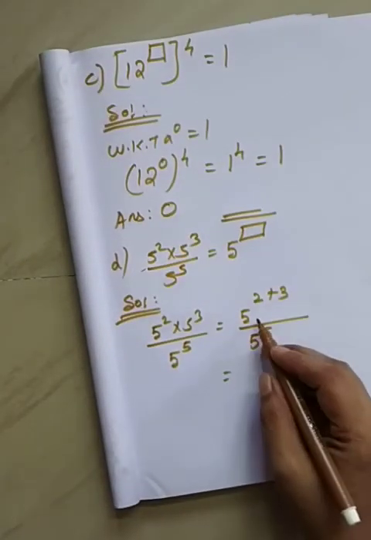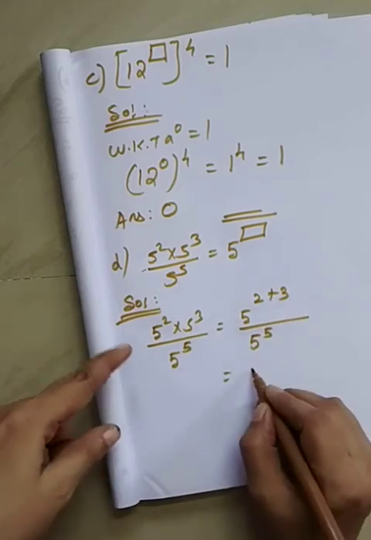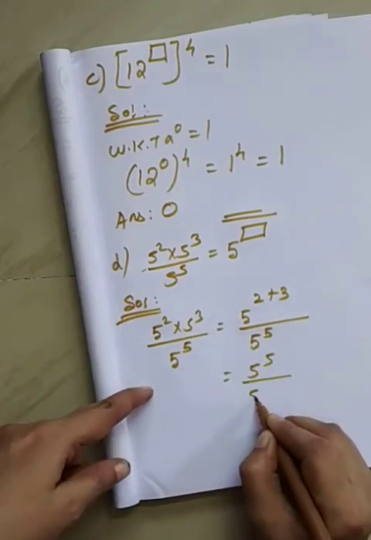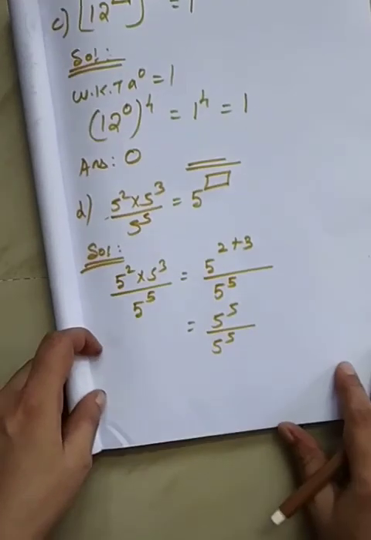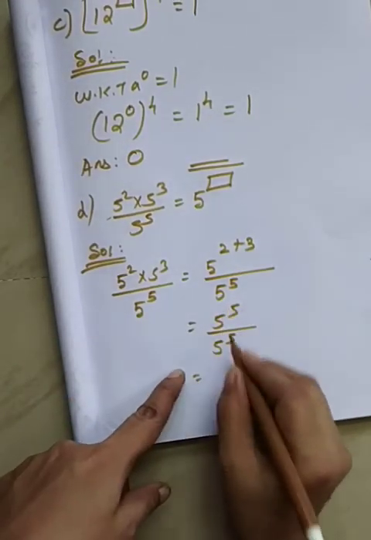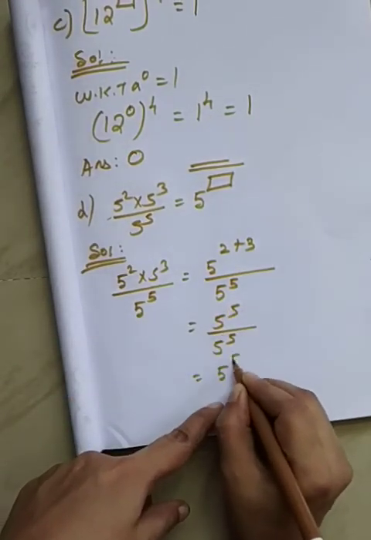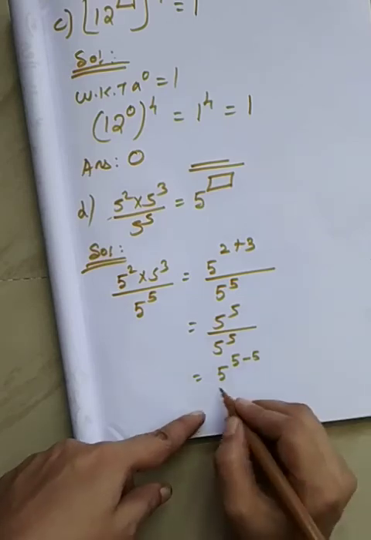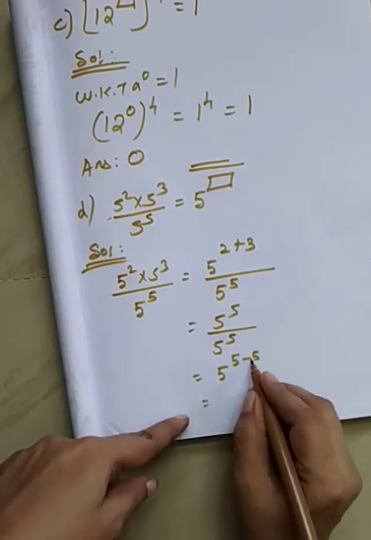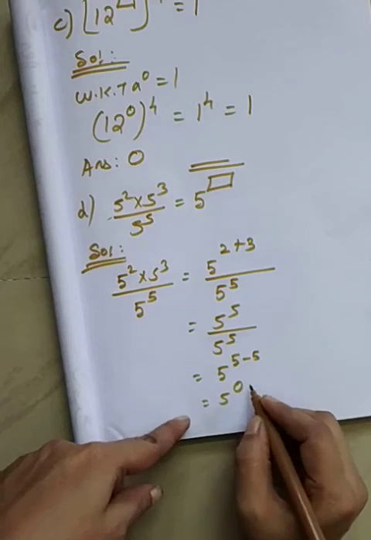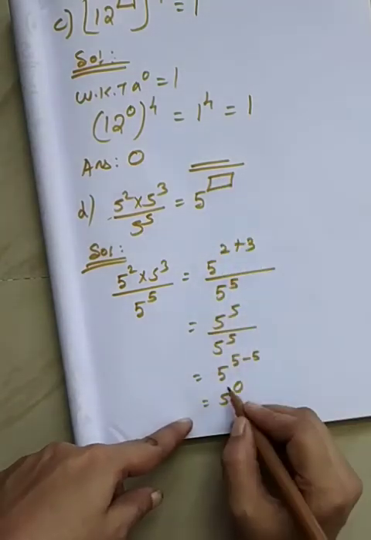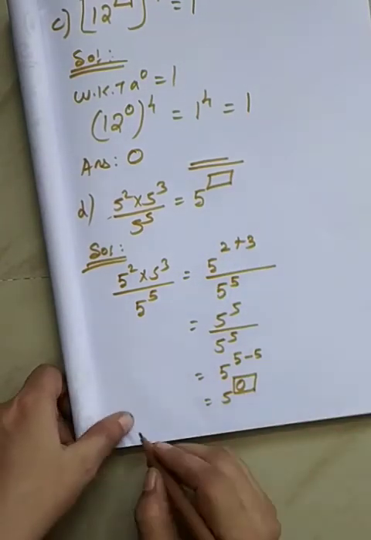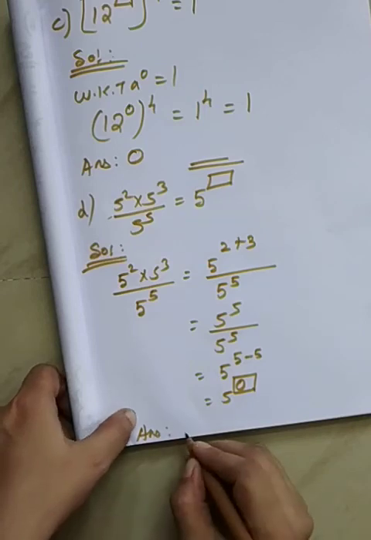So 5 power 5 divided by 5 power 5, you can write 5 power 5 minus 5. What is 5 power 5 minus 5? 0. So 0 is your answer. Clear?